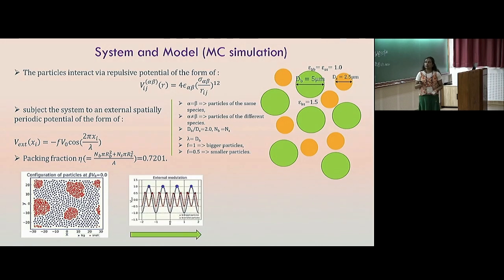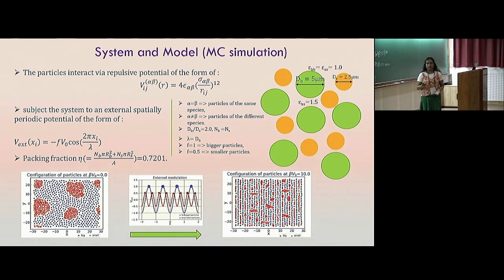Now we subject the system to an external modulation where the wavelength lambda matches the diameter of the bigger particles. As a result, the bigger particles get aligned along the potential minima, whereas the smaller particles are not acted upon by a force of such magnitude as the bigger ones.